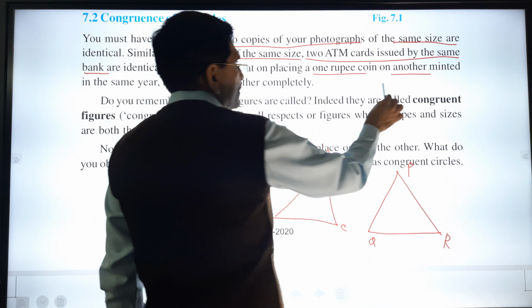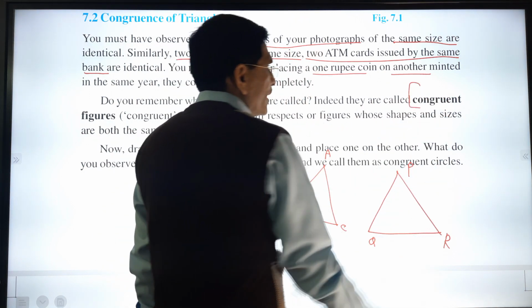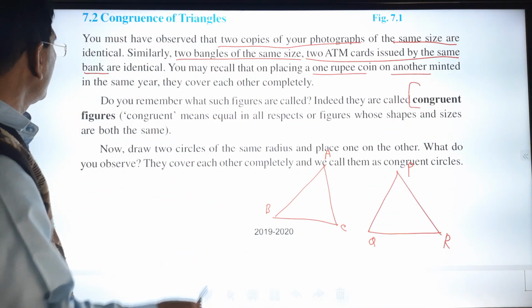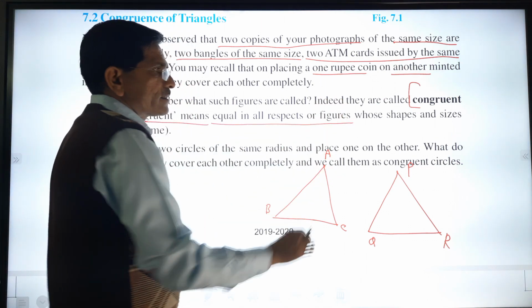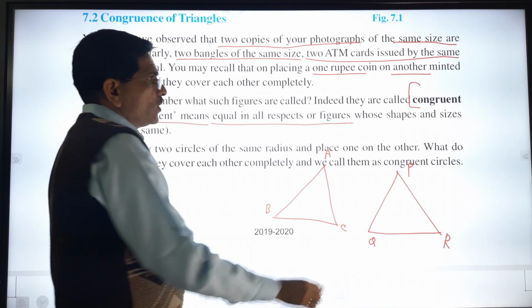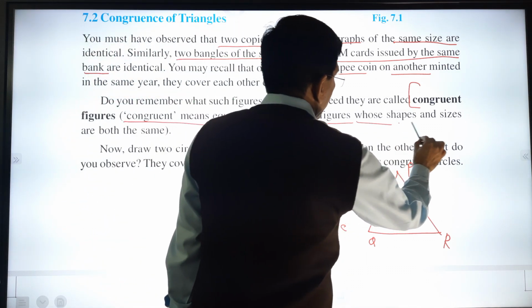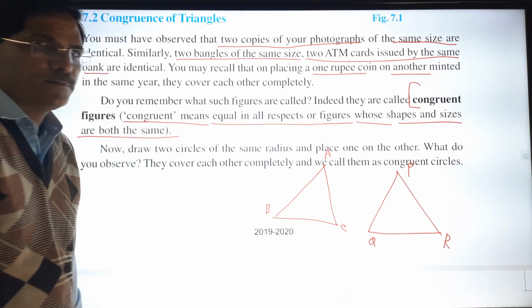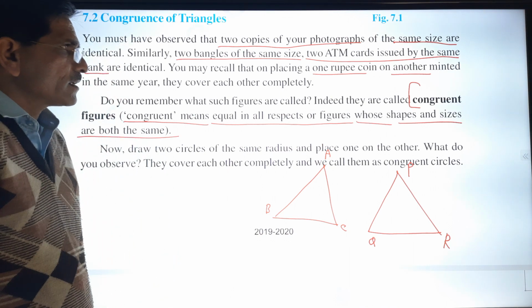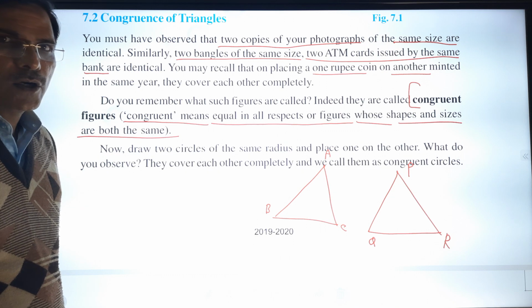You have to write this. What is the meaning of congruent? Congruent means equal in all respects, or figures whose shape and size are both the same. That is the definition related to congruent.